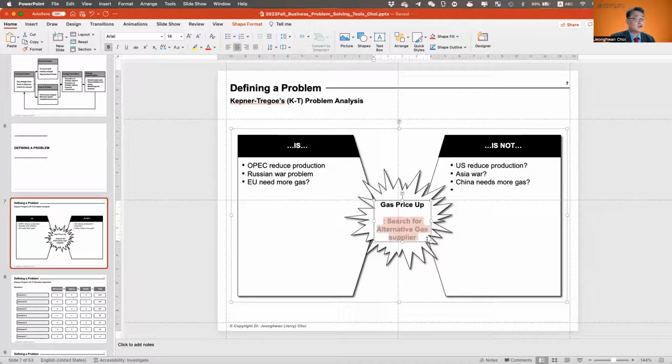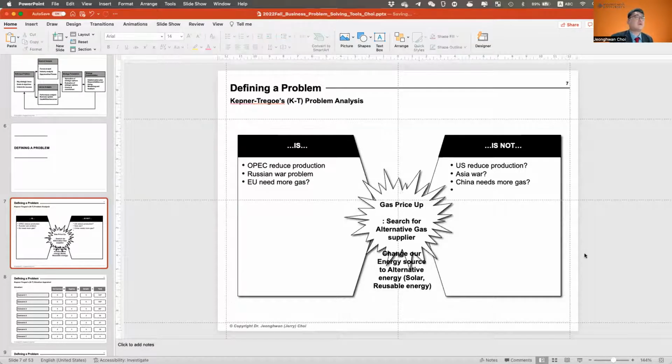As a global supplier, as a global producer, absolutely, we'd better search for an alternative gas supplier, and then probably in the long run, maybe we had better change our energy source to alternative energy, like solar panels, or reusable, recycled energy.